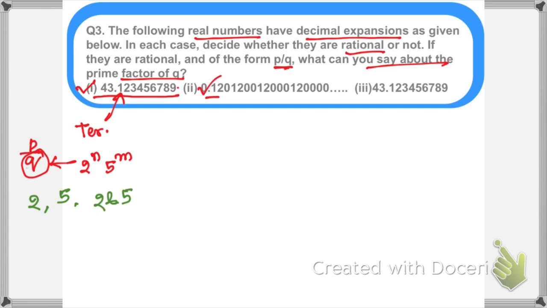Now, moving on to the next one. It's 0.120, 1200, 1200, 12 and 4 zeros, and the number of digits keeps on continuing. So, since this is a non-terminating decimal expansion, and we don't know what is the next digit that is going to come after this number of dots, this is an irrational number.